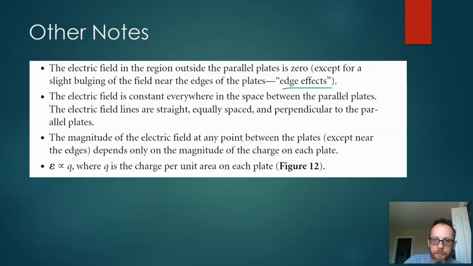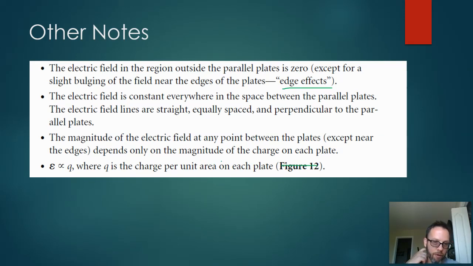The magnitude of the electric field depends only on the magnitude of the charge on each plate, which means, I don't have a figure 12, so you can just refer to our diagram. But this is something important too. The electric field strength inside parallel plates is dependent on the charge per unit area on each plate.